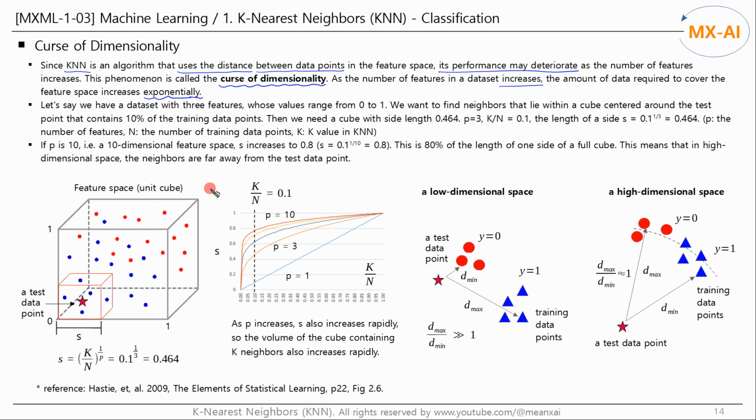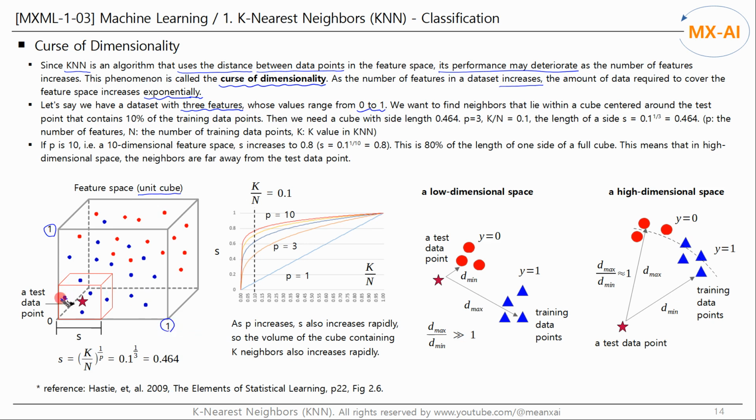Now let's look at why this phenomenon occurs in high-dimensional spaces. Let's say we have a dataset with 3 features, whose values range from 0 to 1. The data points will be distributed within a unit cube, like this one, where all sides are of length 1 unit.